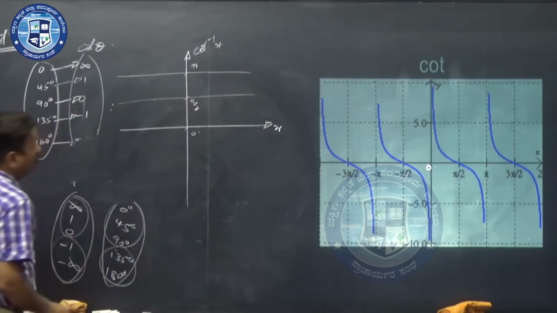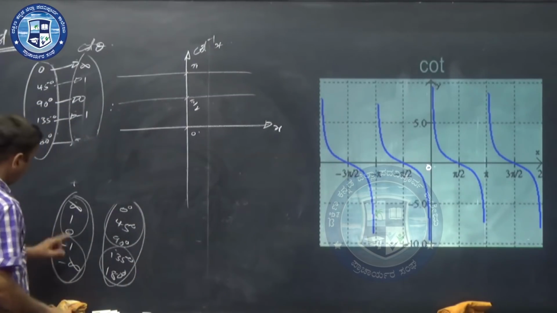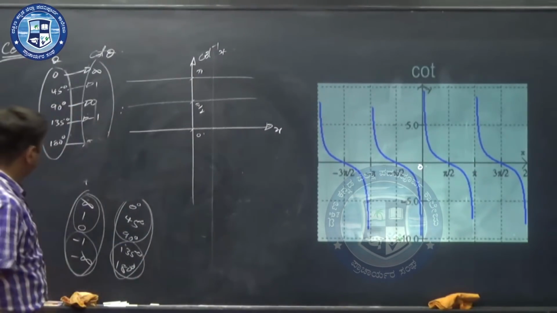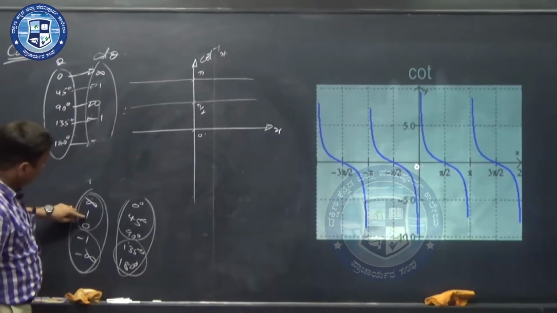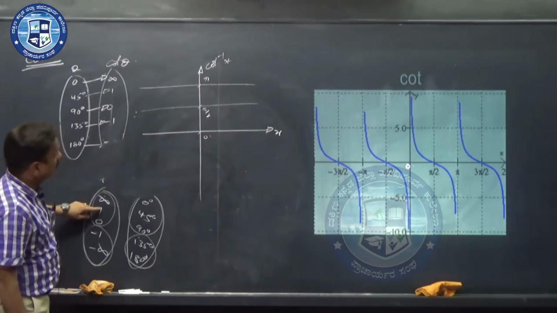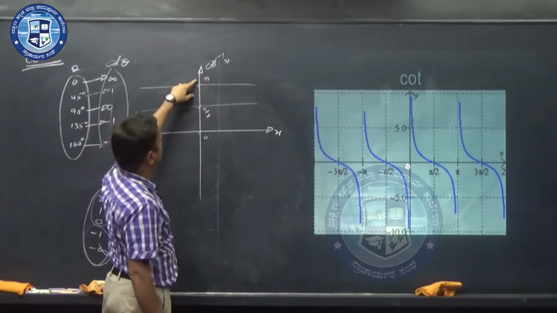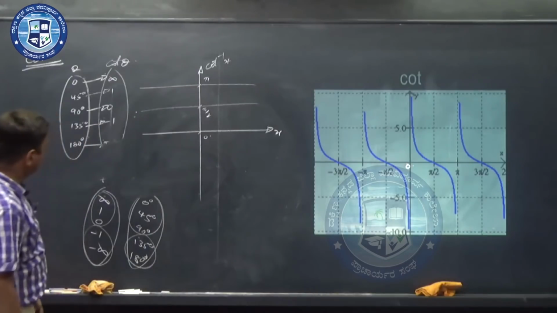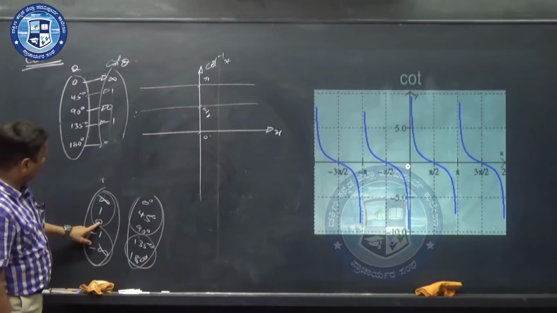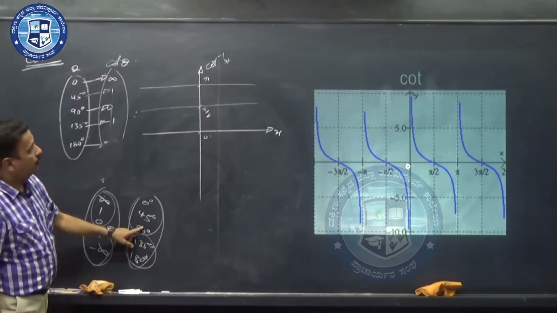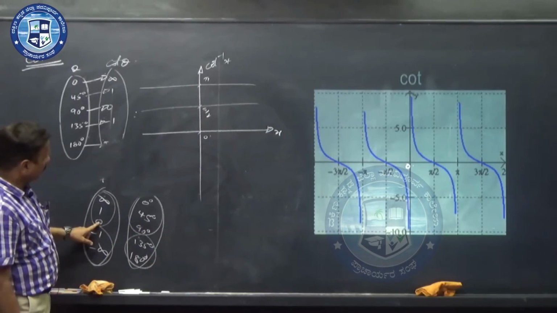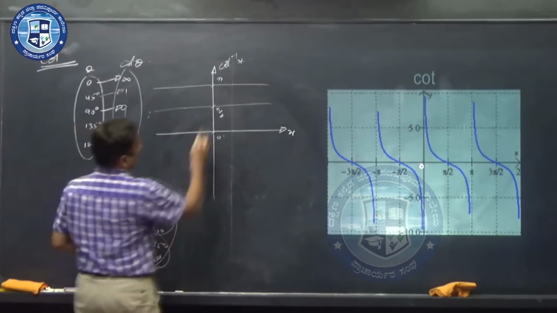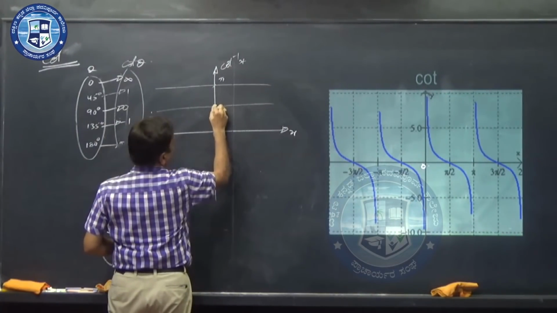Now, let us see cot inverse, between 0 to pi, when x is equal to 0. When x is equal to 0, you find that the angle is pi by 2. Cot inverse 0 is pi by 2.